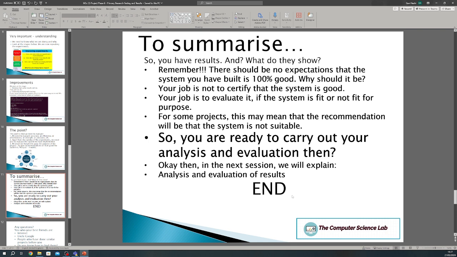So the job is not about certifying that the system is good or the algorithm is perfect. No, you may actually come to a decision that this algorithm is not suitable for this purpose. And then your recommendation may be not to use this algorithm for this purpose, because according to the project that I have run, this algorithm is not good. And this is backed up also by other authors, because I have done some research during the literature review.